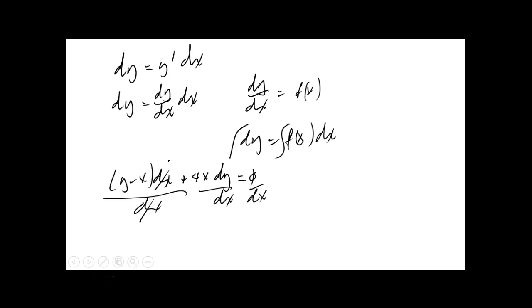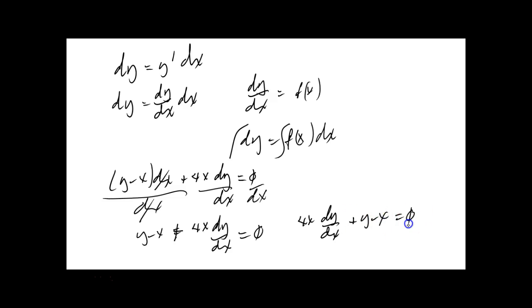These cancel out, you might say, and this gives you y minus x plus 4x dy/dx equals 0. Now, most of the time we like to lead with the derivative form, so we just reverse the order and we do 4x dy/dx plus y minus x is equal to 0.